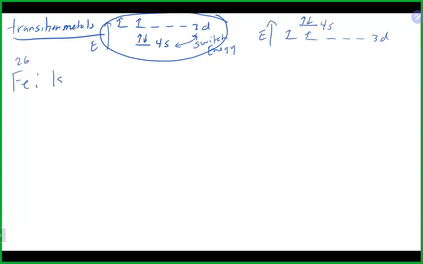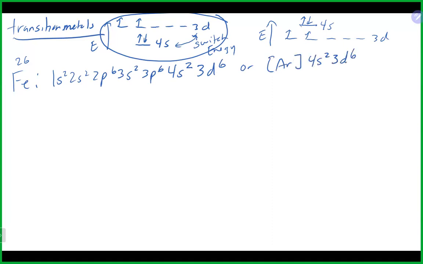And that would be 1s2, 2s2, 2p6, 3s2, 3p6. Again, 4s2 first, 3d6. We could also shorten it again with our argon, 4s2, 3d6.